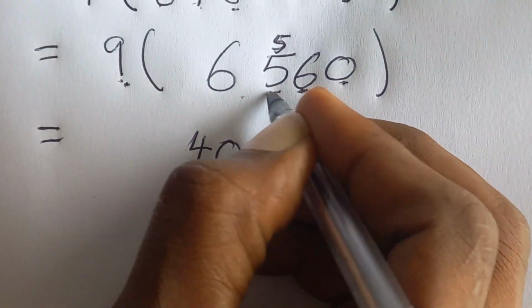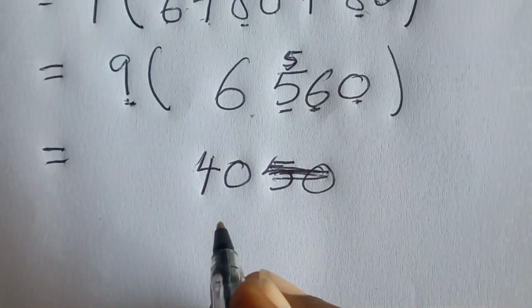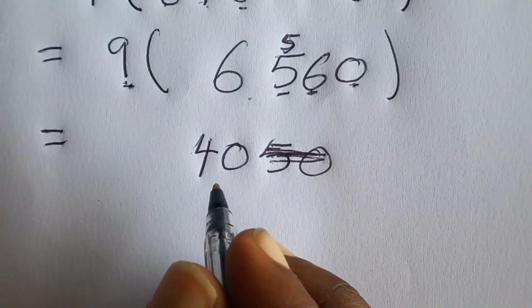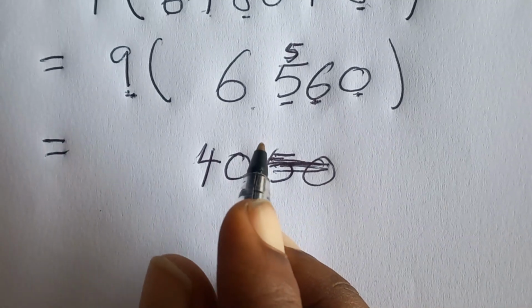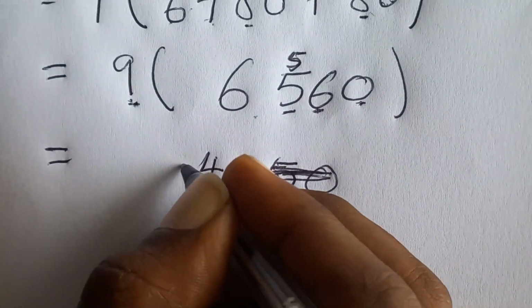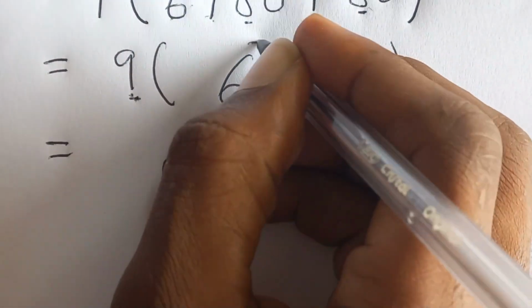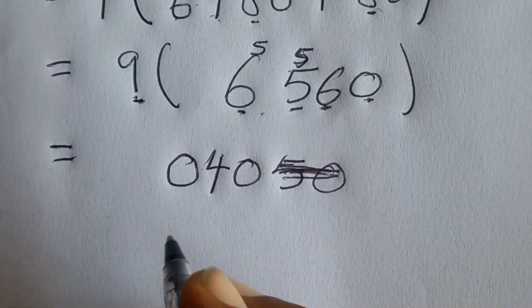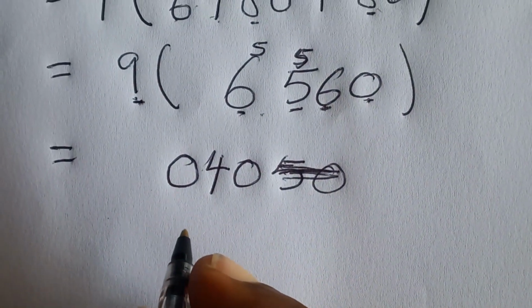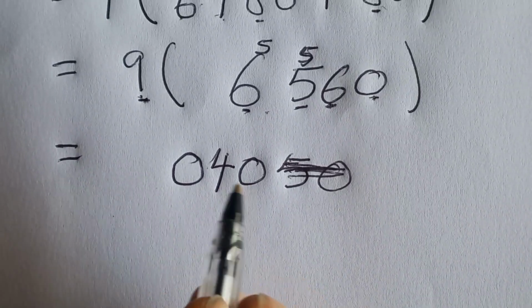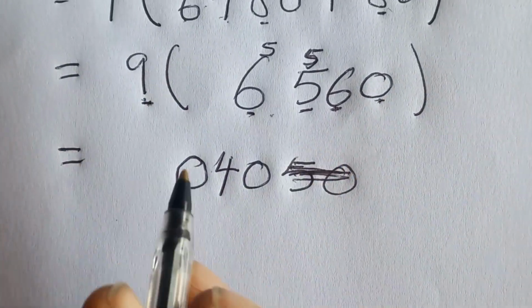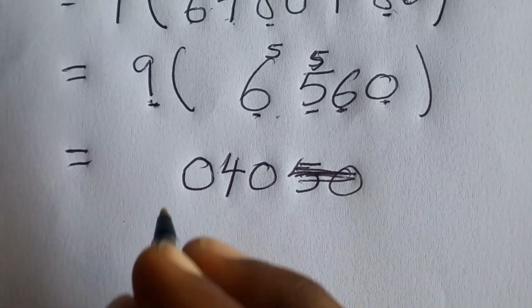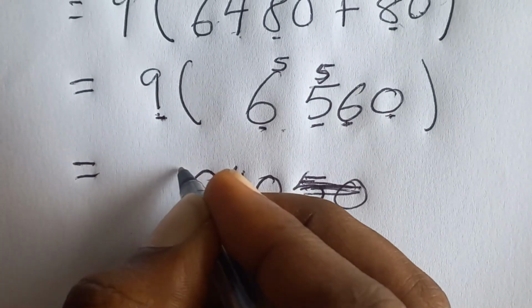And then 5 times 9, we are getting 45, plus 5, which is 50. So 0, remainder of 5. 6 times 9 again is 54. And 54 plus 5, we are getting 59. So 5, like this.